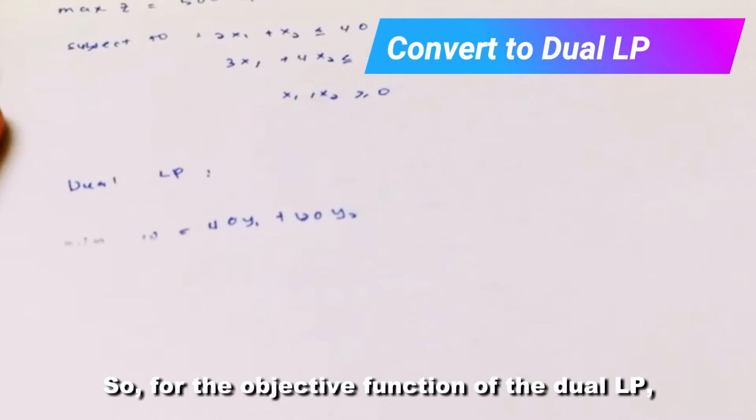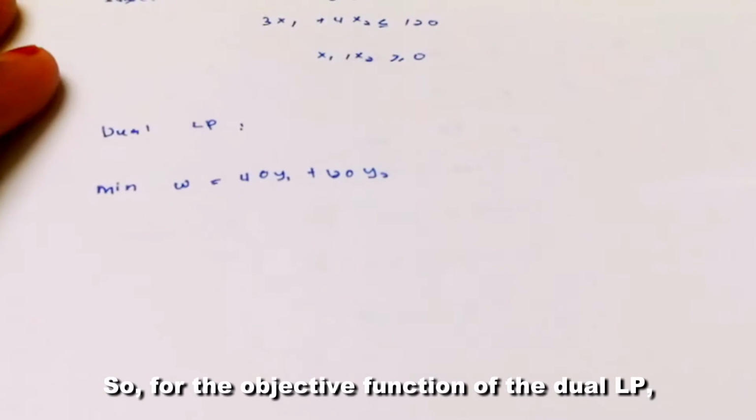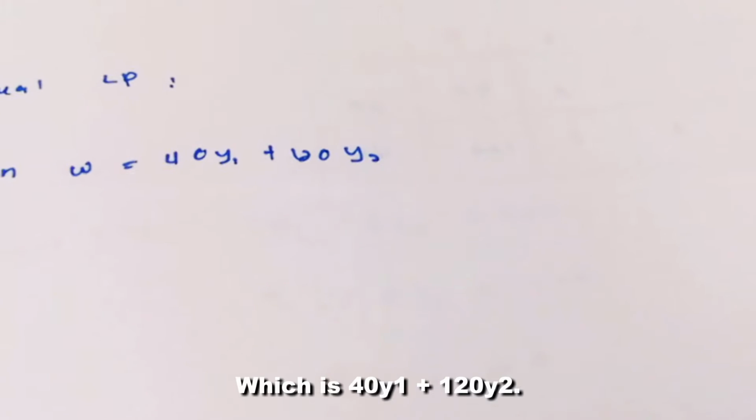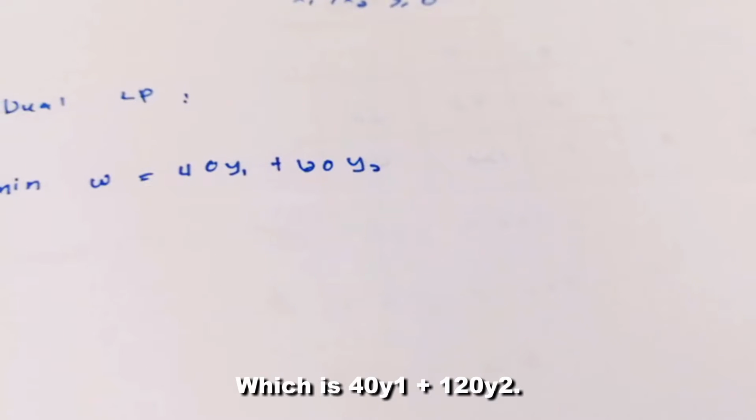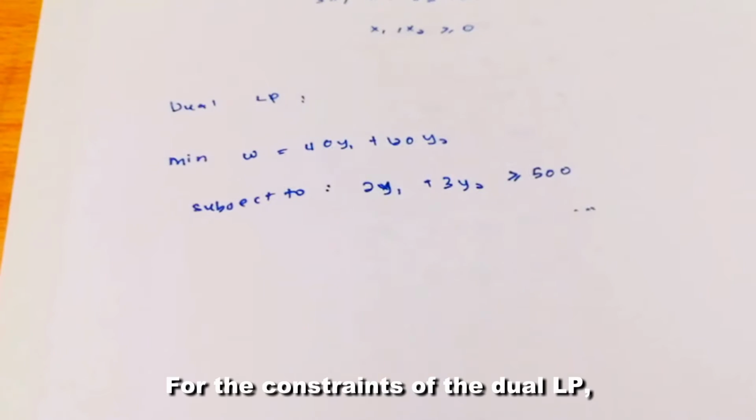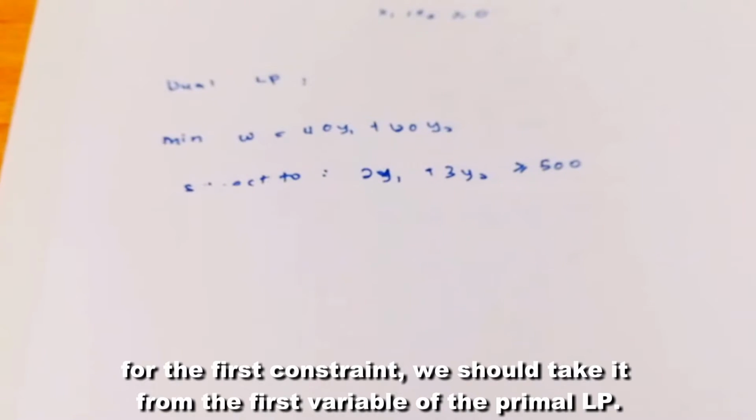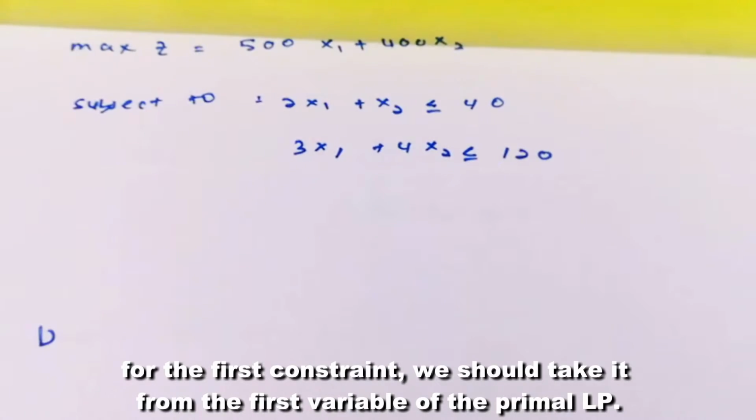So for the objective function of the dual LP, we get it from the right hand side of the primal LP, which is 40y1 plus 120y2. For the constraints of the dual LP, constraint first, we take it from the first variable of the primal LP.